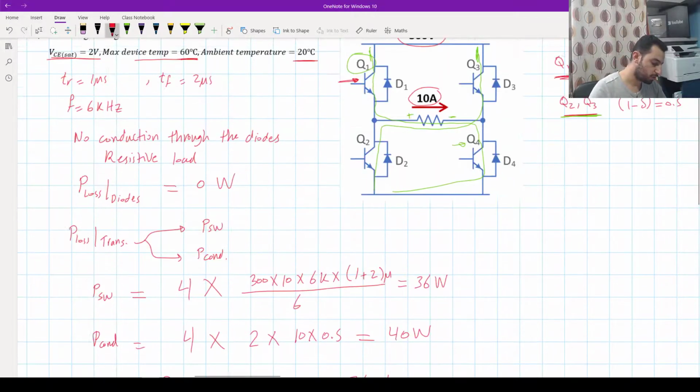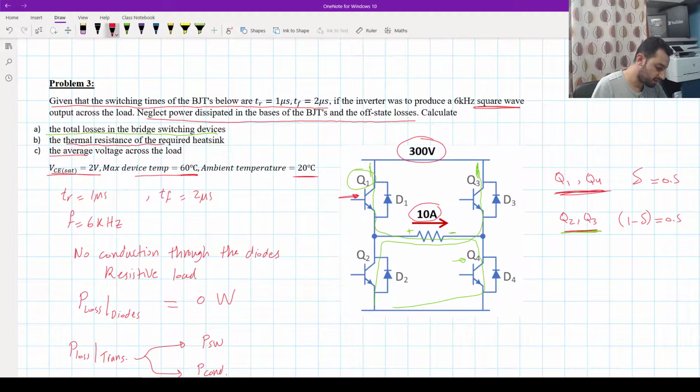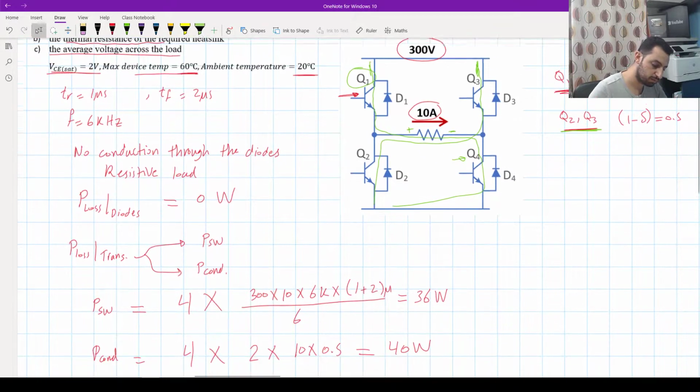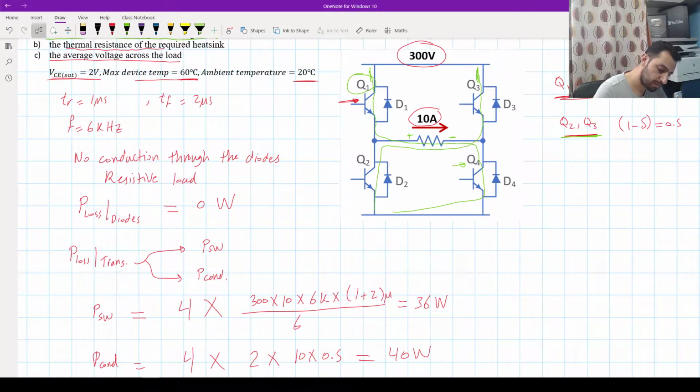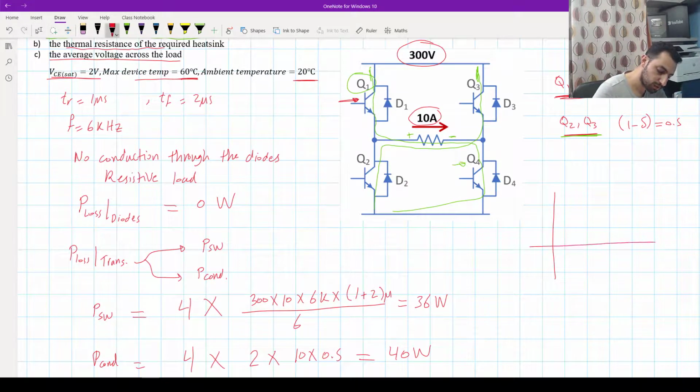And now the third question is, what is the average voltage across the load? Okay, so let's now draw the waveform of the load voltage. So this is the time and this is the voltage. The question already said that it will be a square wave, but we want to see the value of that square wave.